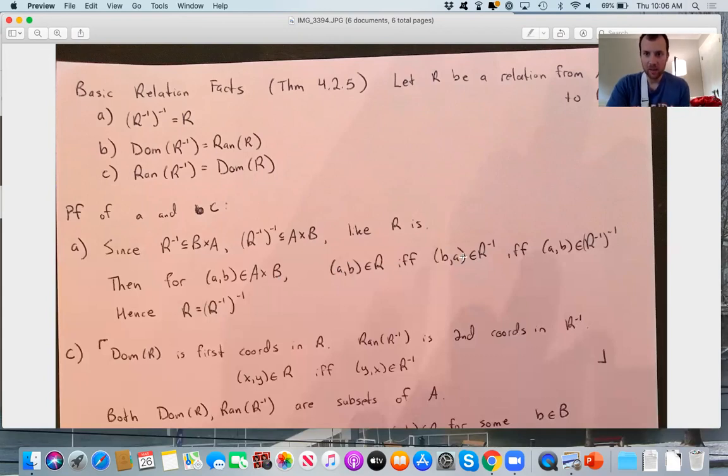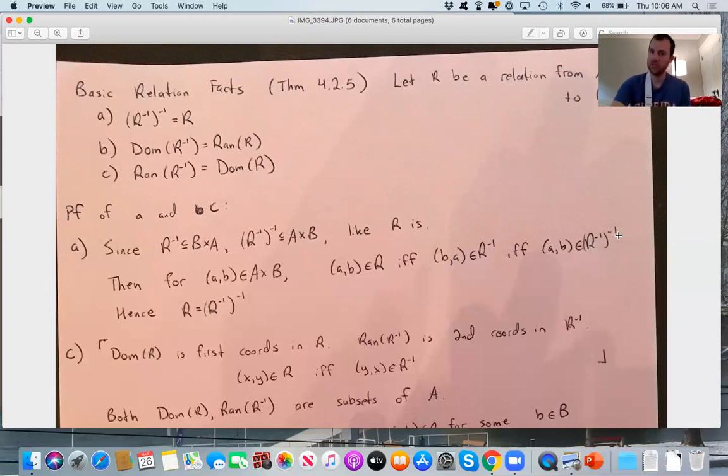But then we can repeat that flip by saying, if we go from this relation, forgetting about what it looks like, but saying we have a relation here and an ordered pair in it, if this ordered pair is in this relation, then if we flip the ordered pair, we end up in the inverse relation.